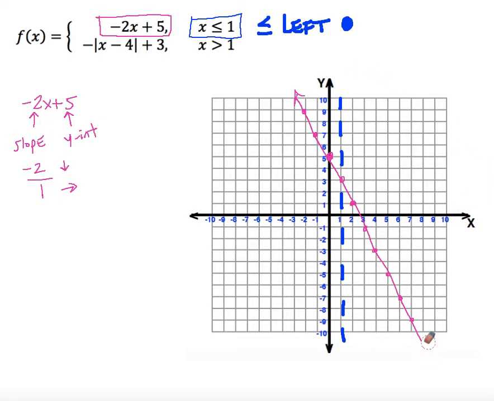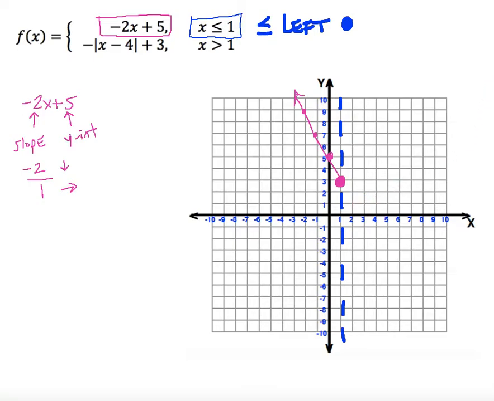That means I'm going to erase all the stuff that's to the right of the blue line. Okay, and now pay attention to where it would hit the blue line. The pink would hit the blue line right here, and I'm going to make that extra emphasized closed dot. Okay, so that's one piece of one function.